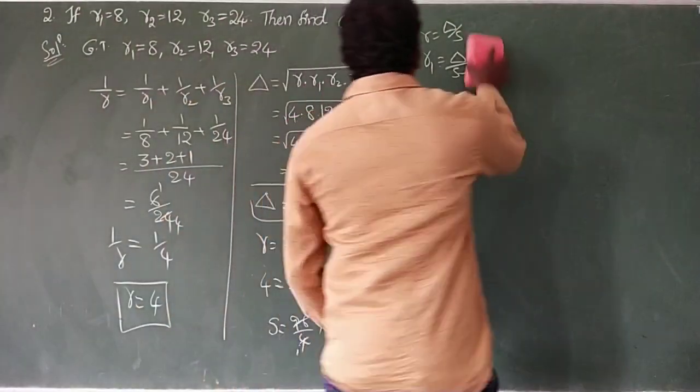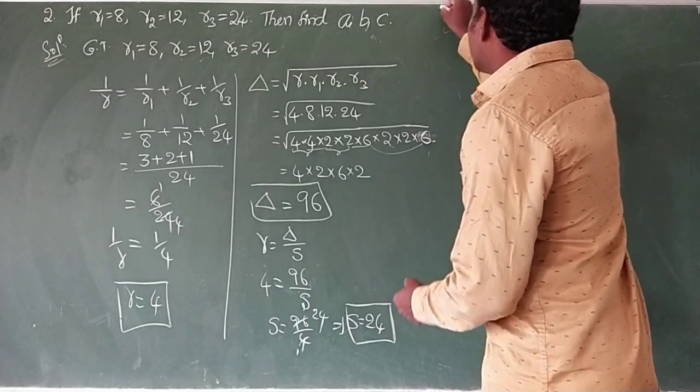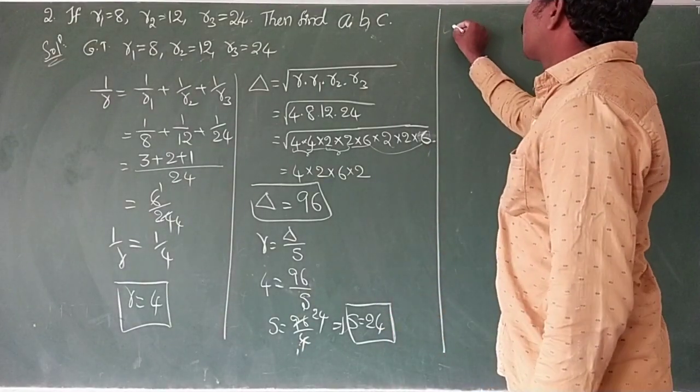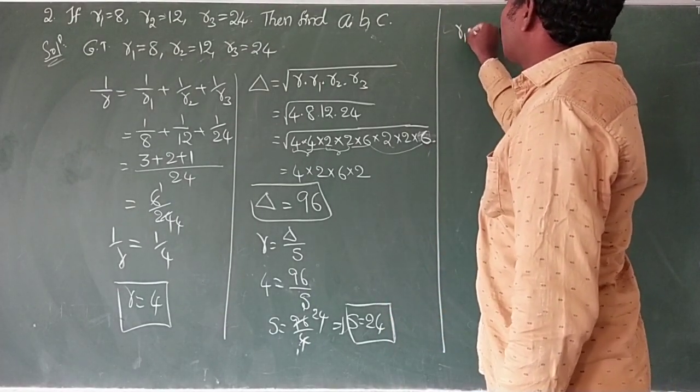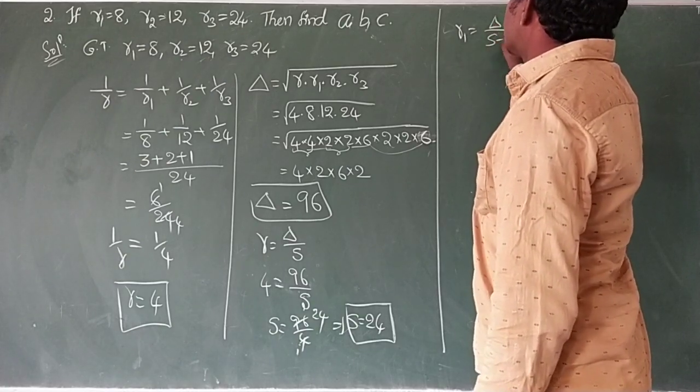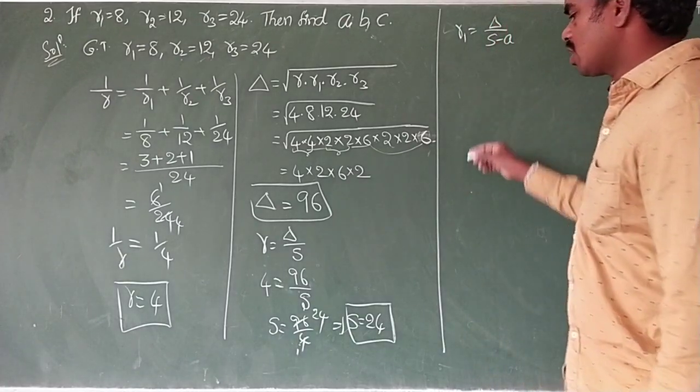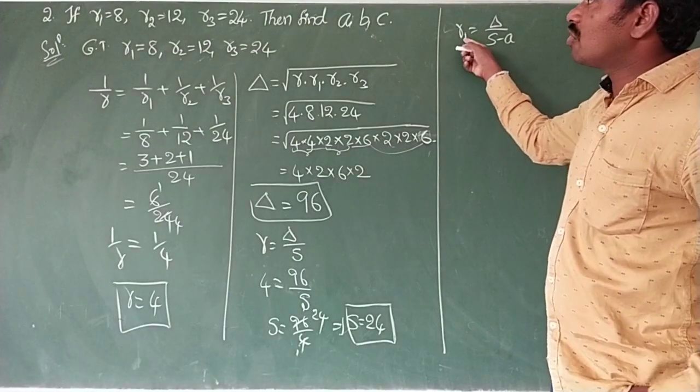Now we can prove one by one. So first one. For first proving, what is the R1 formula? Delta by S minus A. Now substitute. R1 means 8.